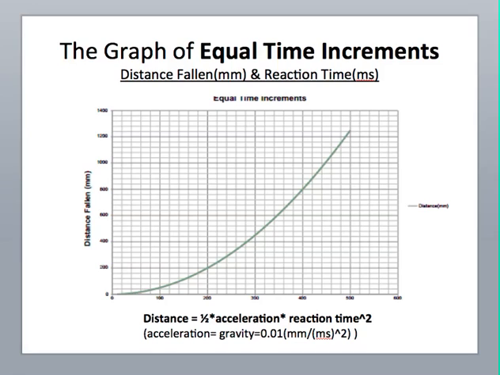So here is a graph of equal time increment. To get this graph, I use the equation distance equals 1/2 times acceleration times reaction time squared. Because the acceleration is gravitational acceleration, it is constant, and we have the reaction time during the test, so we can calculate the graph.